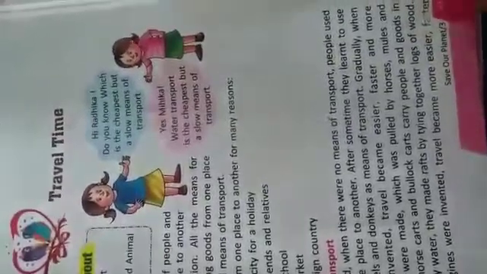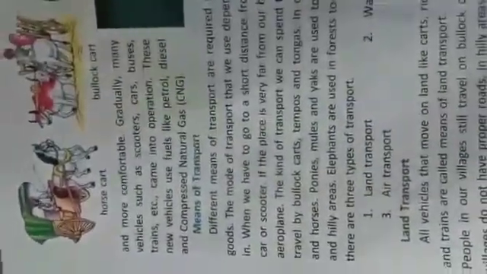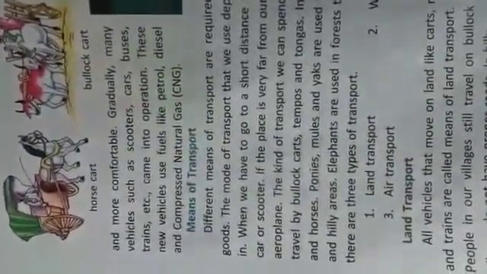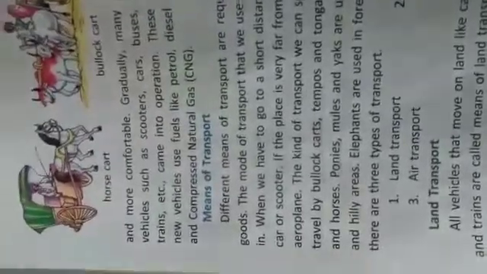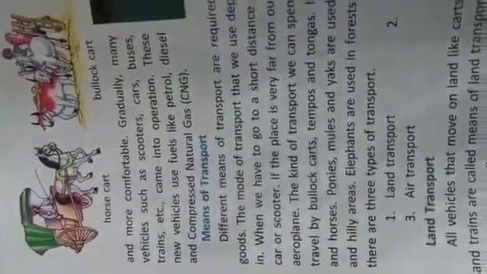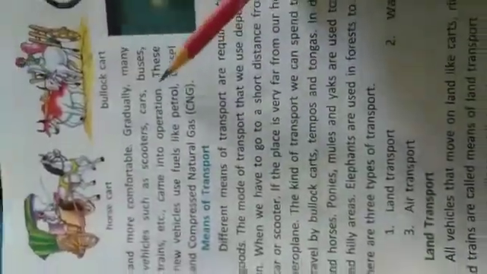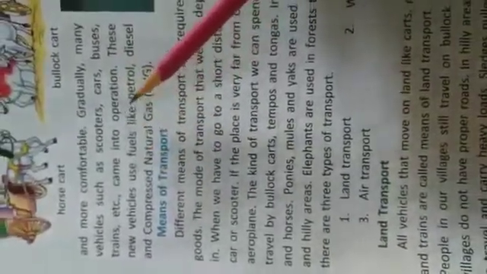Much later engines were invented. Travel became easier, faster and more comfortable. After that engines were invented, and they made traveling more easy, comfortable and fast. Gradually many vehicles such as scooters, cars, buses, trains came into operation.